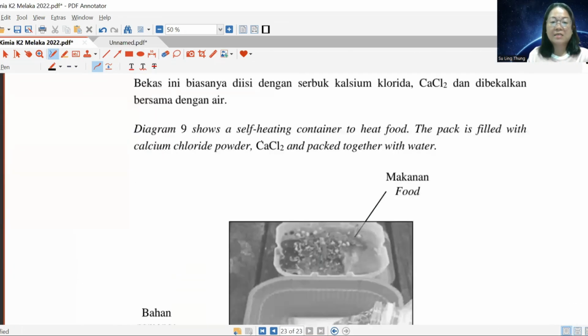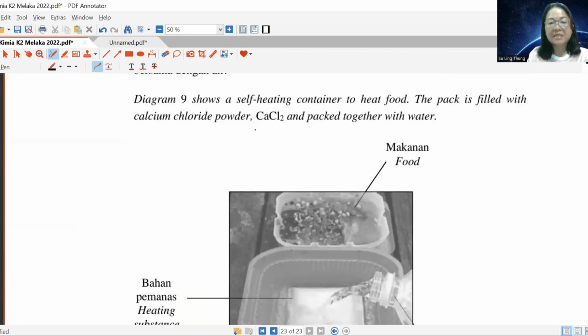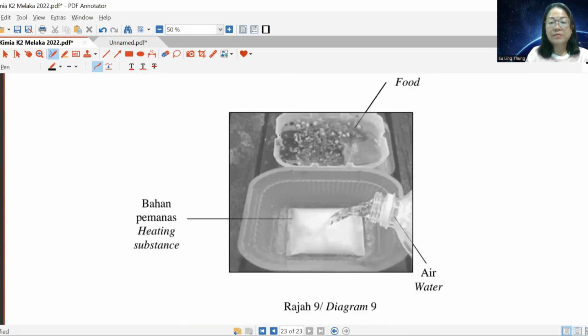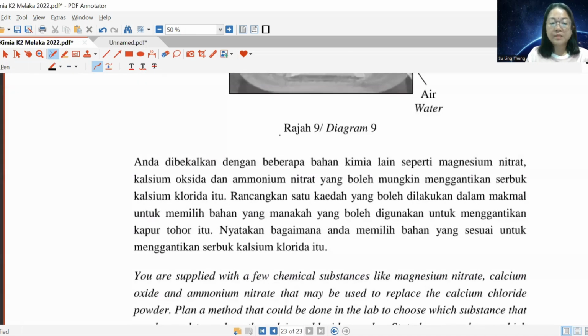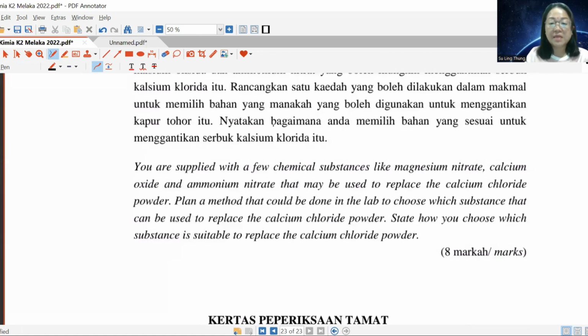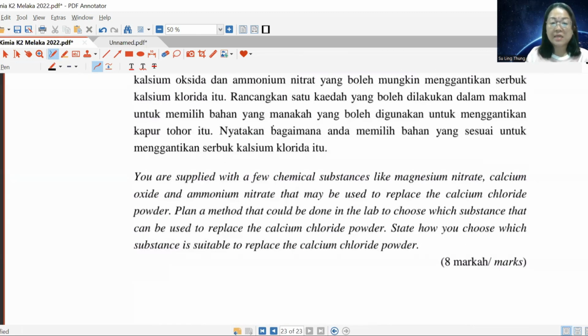Okay, let's look at the last question. Oh sorry, question B. The last question. This one shows a self-heating container to heat food. The pack is filled with calcium chloride powder and packed together with water. You are supplied with a few chemical substances like magnesium nitrate, calcium oxide, and ammonium nitrate that may be used to replace calcium chloride powder.